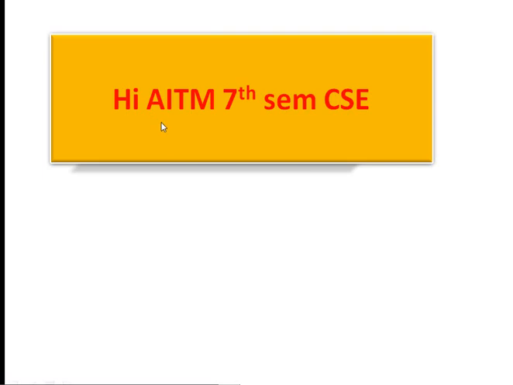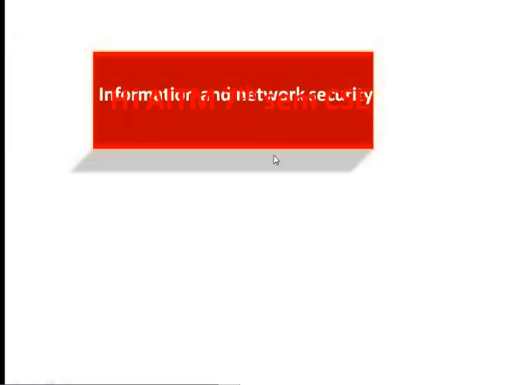Now assume this is an envelope cover. On the envelope cover I have written "hi AITM 7SEM CSE". As you know, everyone thinks this is one box, and in this box is written "hi AITM 7SEM CSE". This is some symbol.